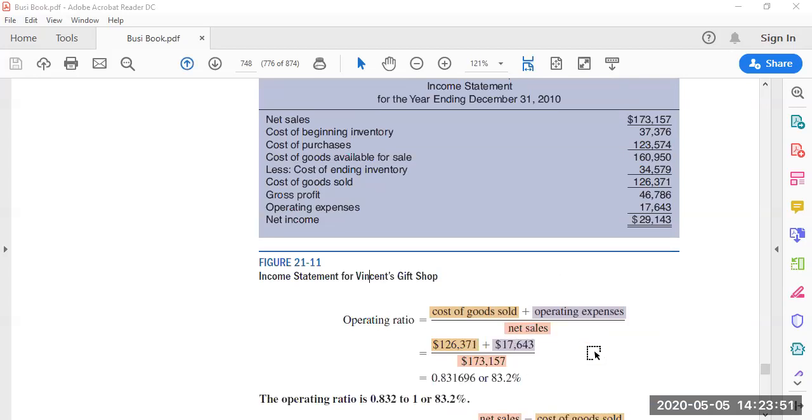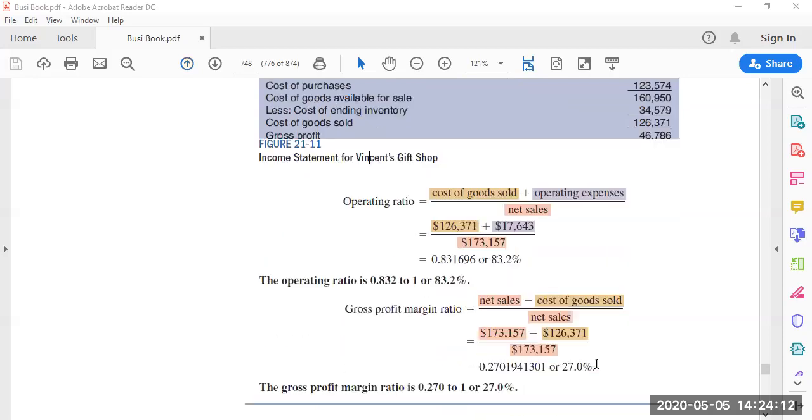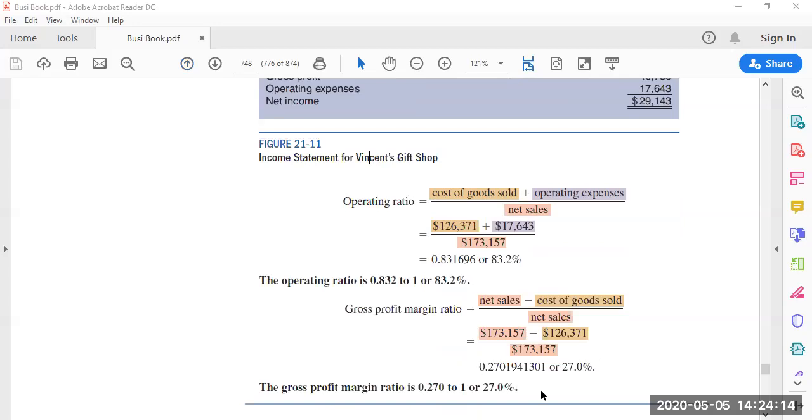And in this case here, we're taking net sales and subtracting from that the cost of goods sold, and then dividing that back by net sales. So we're seeing what that ratio is giving us. Now let's see, what does this ratio give us when we do that? We're looking at a 0.27 or 27%. 0.27 to 1.